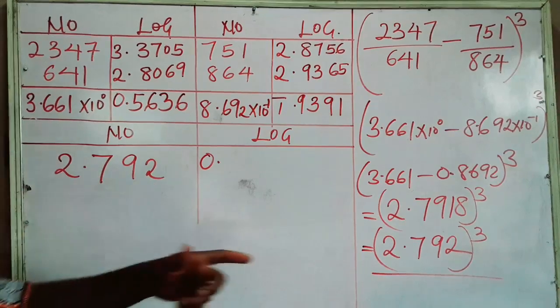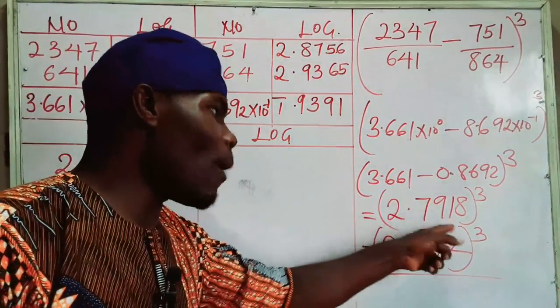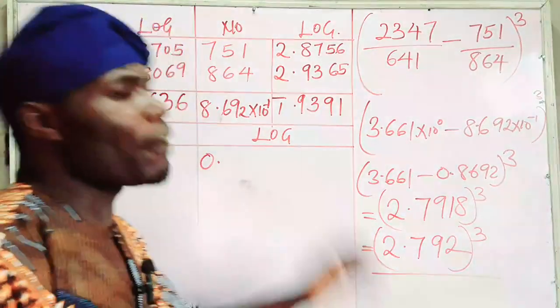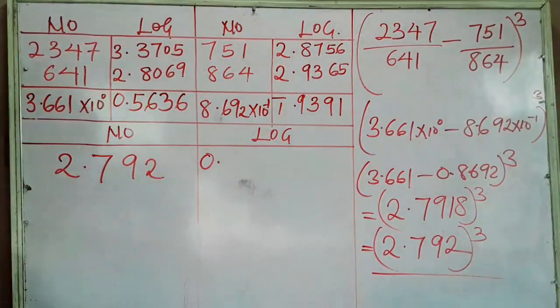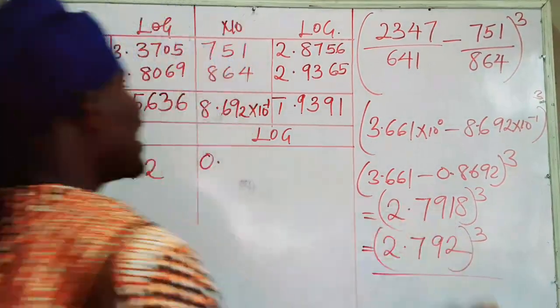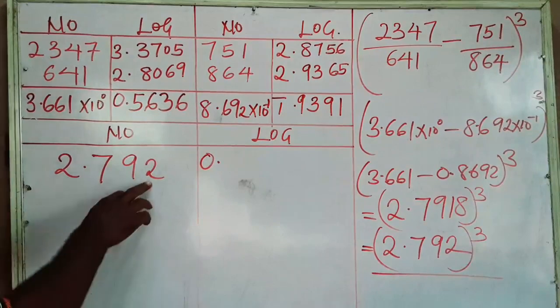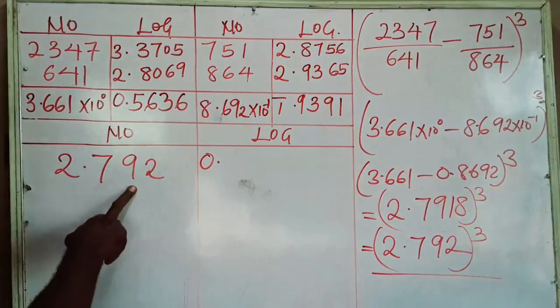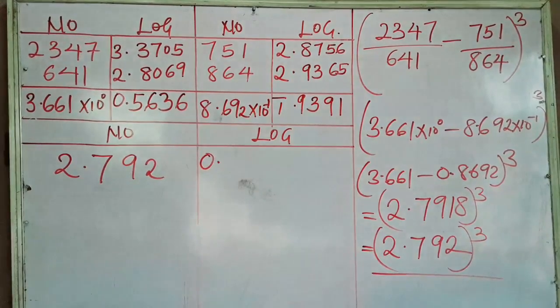Recall I said earlier it is 2.7918. Because we are using a 4-figure table, we must round it back to four figures. That's why I approximate this to 2.792, to have 27 under 9 difference 2.